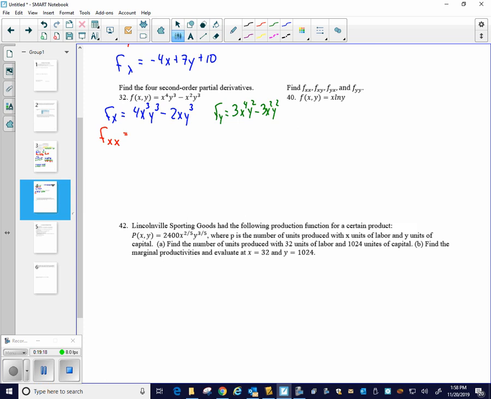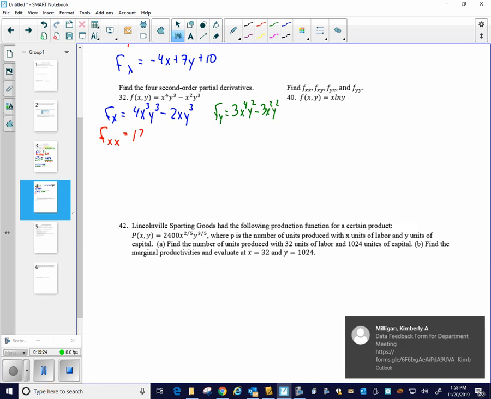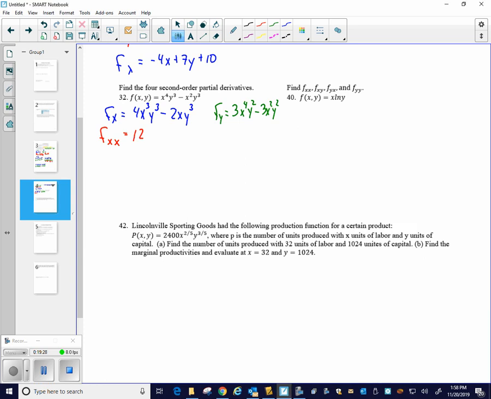So if I take the derivative of the first part with respect to x, we bring the 3 from the x out front and multiply it. That's 12. Reduce the power by 1. Keep the y cubed, it's a constant. Minus, taking the derivative of the second part with respect to x, it's only x to the first power, so what's left over is 2y cubed. That's fxx.